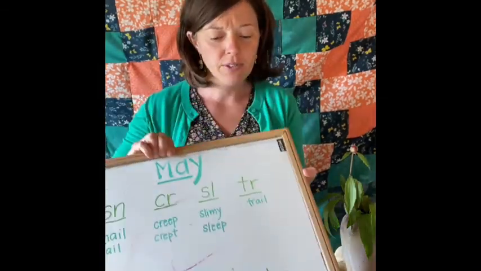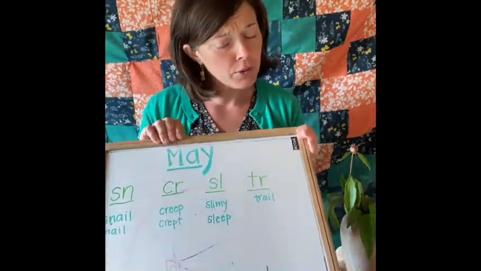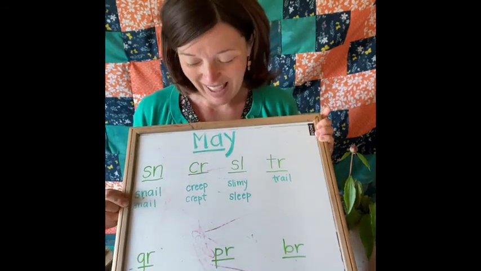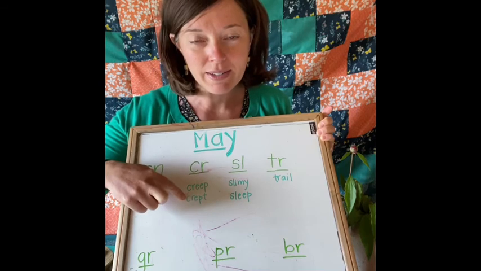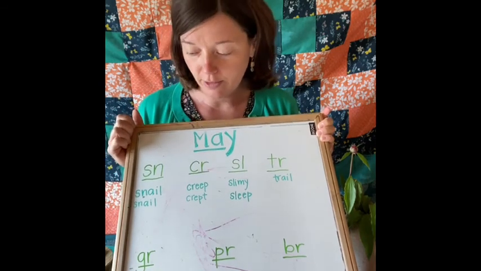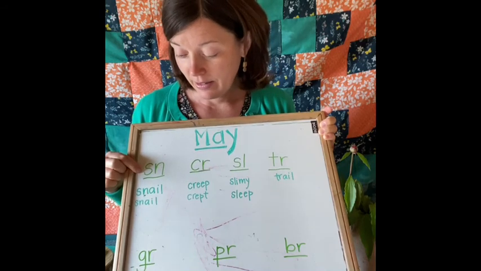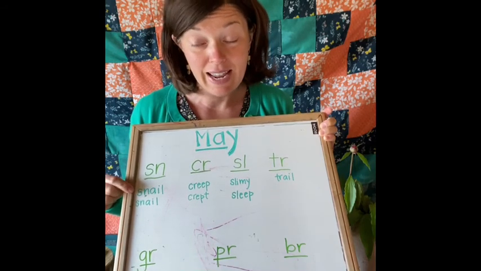And now get ready to do our word wall. Now, yesterday's poem I read about a snail, I didn't really add too many new words, did you? I added the word snail, and I added the word crept. So let's read all the words we've got so far. In the sn category, I have snail.